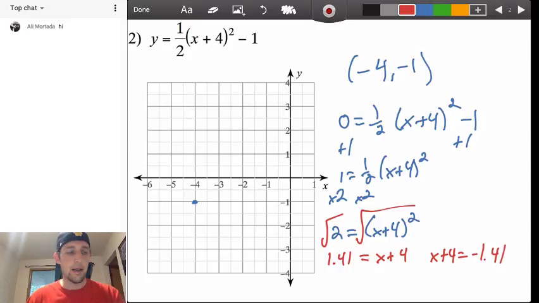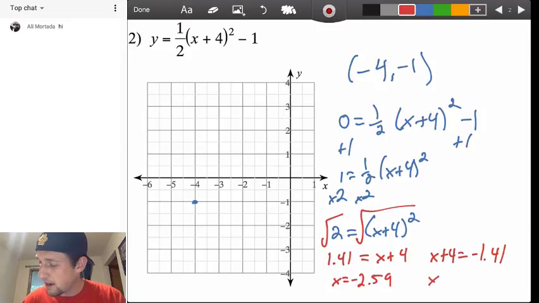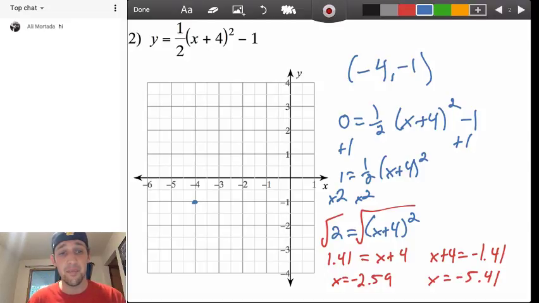I'm going to solve both of those. And 1.41 minus 4 is -2.59. And I also get -5.41 for this other one. So my x-intercepts, boy, they're ugly. They're not great. I don't like them a whole lot. We'll plot them anyway.